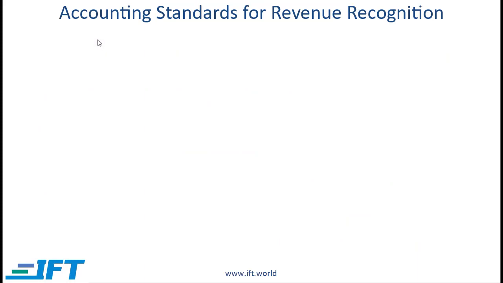As we've seen over the last few slides, revenue recognition rules are different under IFRS and US GAAP. This makes it difficult to compare IFRS versus US GAAP companies. In 2014, IASB and FASB issued converged accounting standards, and here we are going to talk about the key aspects of the revenue recognition aspect of the new standards.